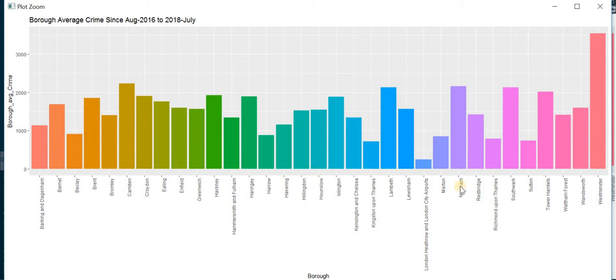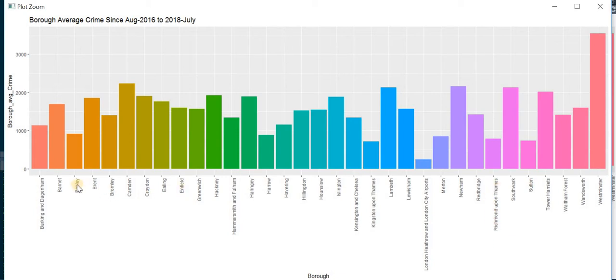We can further drill down on Westminster to see what crimes are committed and which are very highly committed. You can see the best boroughs to live in are probably London Heathrow, London City Airport, Kingston upon Thames, Sutton, and Richmond upon Thames.